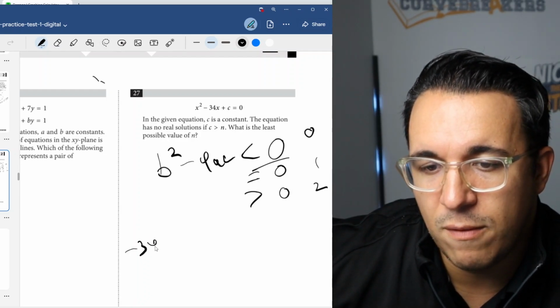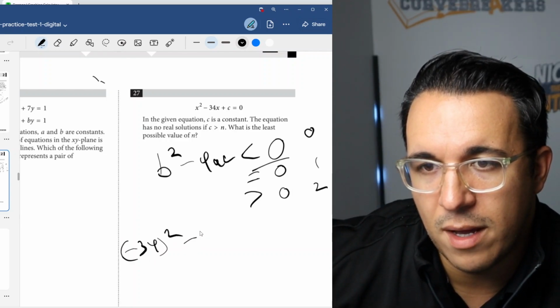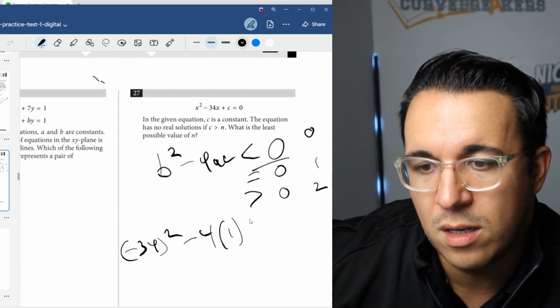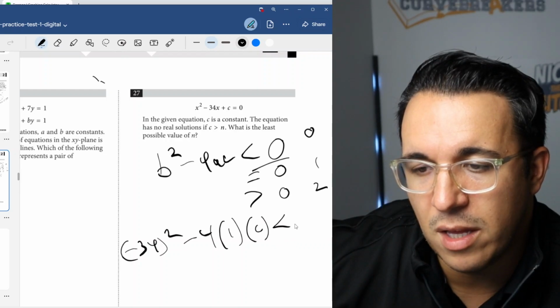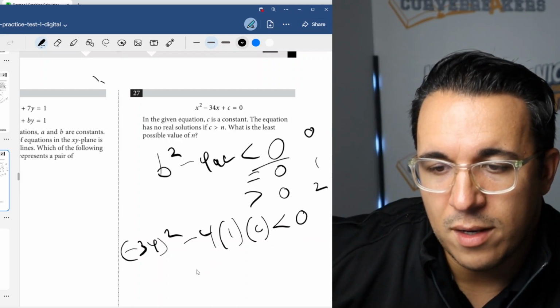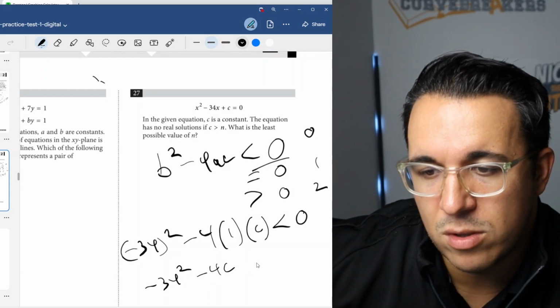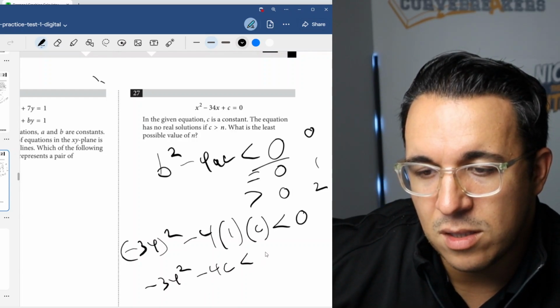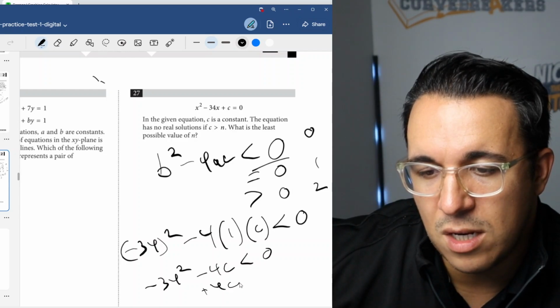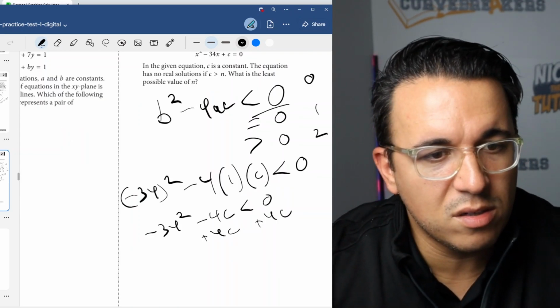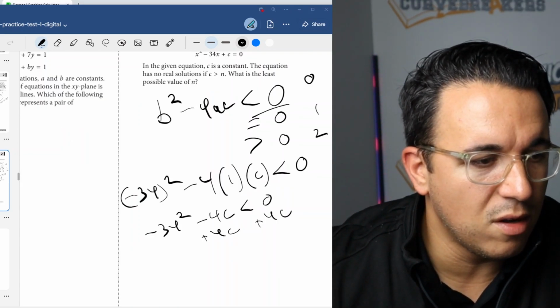So negative 34 squared minus 4 times 1 times c needs to be less than 0. All right, and so we're going to have negative 34 squared minus 4c needs to be less than 0. So I'm going to add 4c to each side. Let me just get out Desmos here to do negative 34 squared.